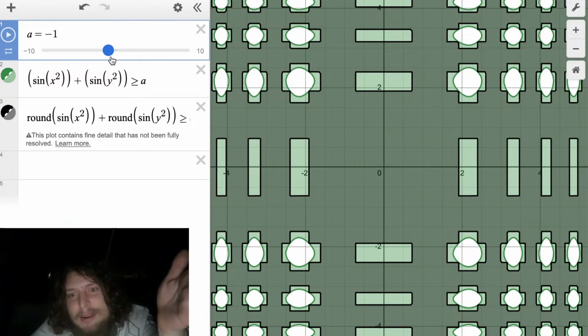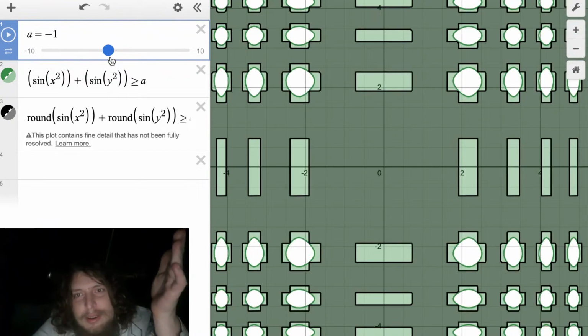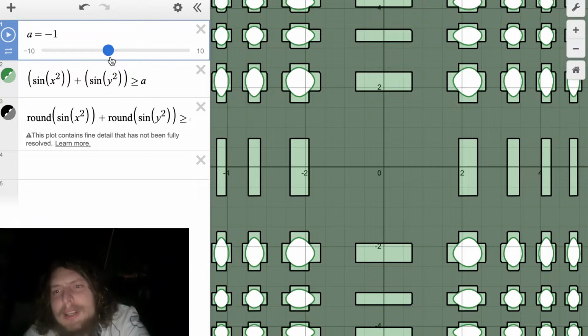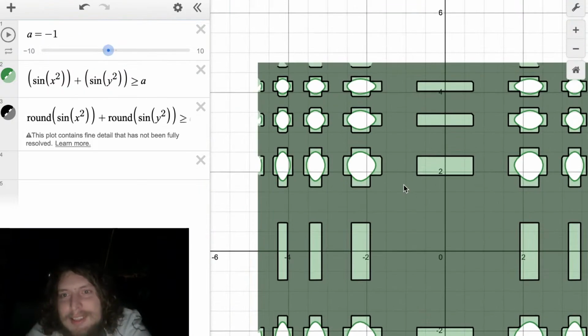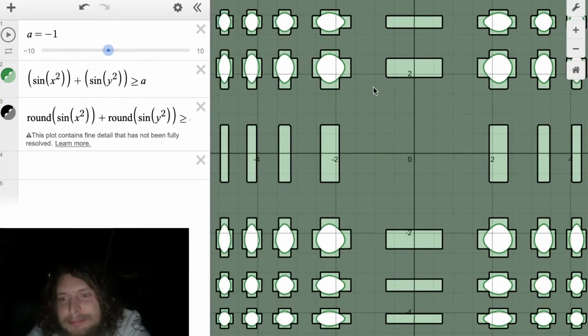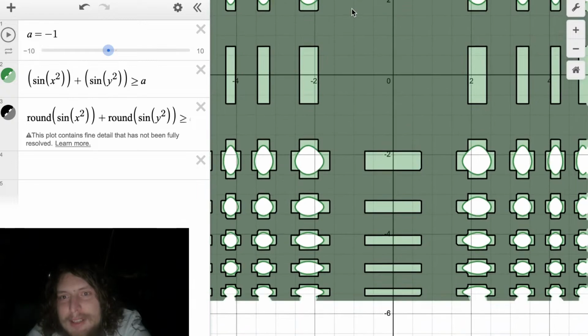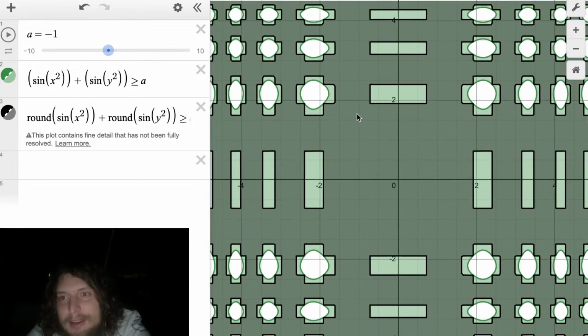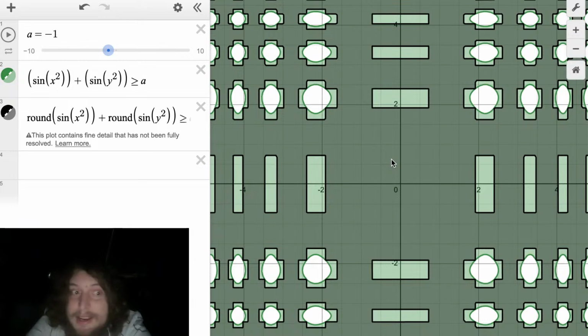It's now blotted out everything but the shapes. We get something at -1 too, an interesting equality where we get the thicker lines. And this on its own is a pretty cool wallpaper or tiling. I mean, it's not mathematically a tiling, really, but it looks tile-like.